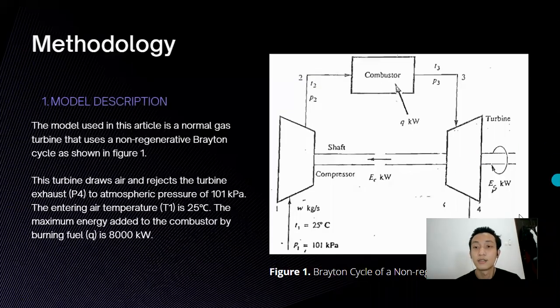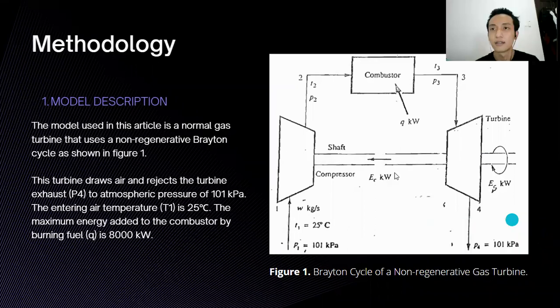Okay, so let's jump into the methodology of my study. The first is the model description. The model used in this article is a normal gas turbine that uses a non-regenerative Brayton cycle, as shown in figure 1.